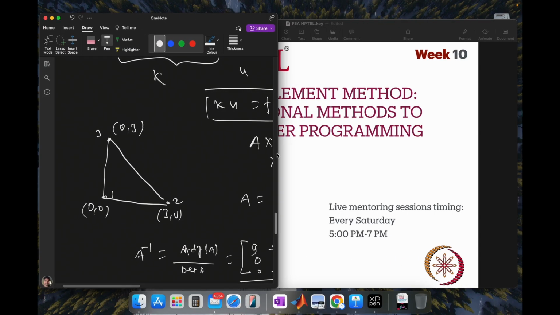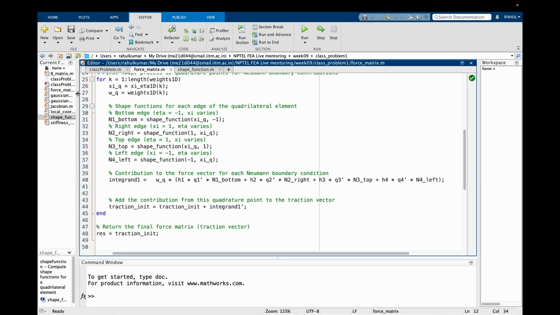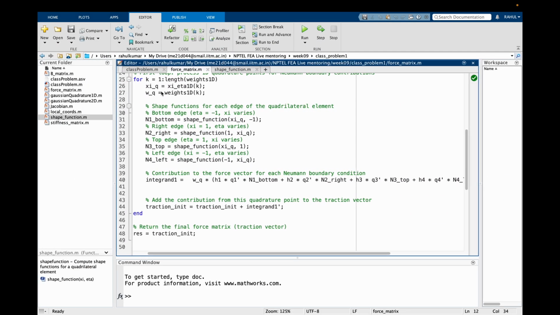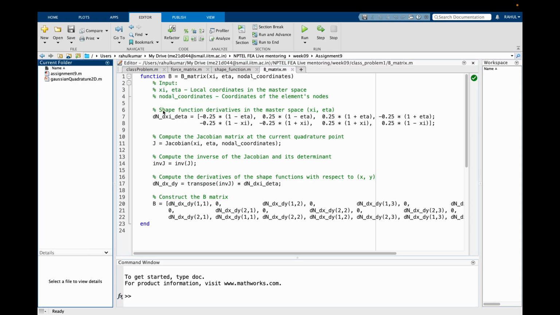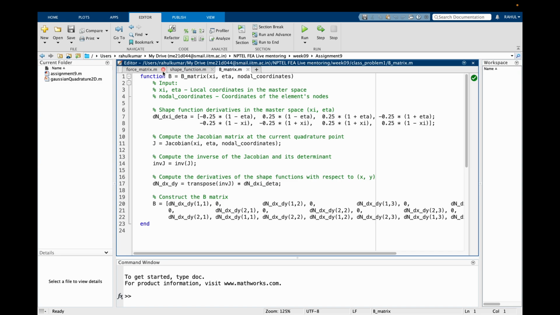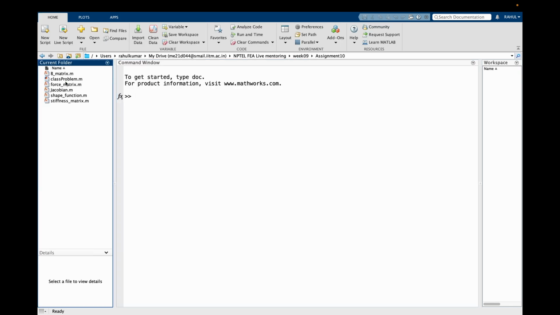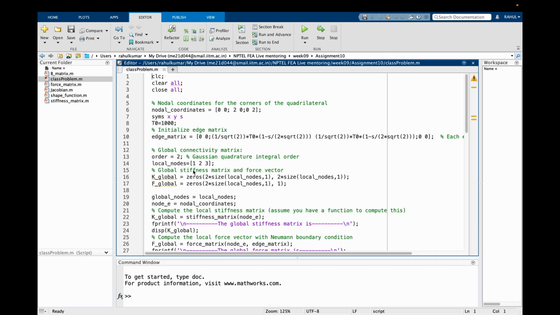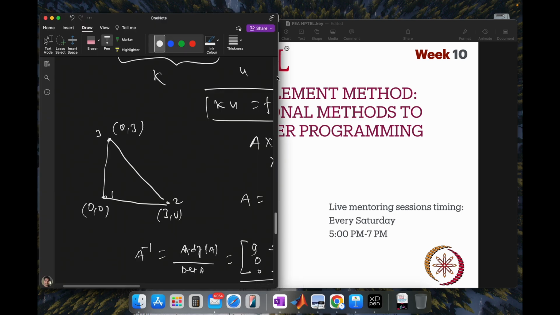I think I have already created one MATLAB code, that is assignment number 10, I think. Yes. So here it is very similar, but the boundary condition is a little different here.